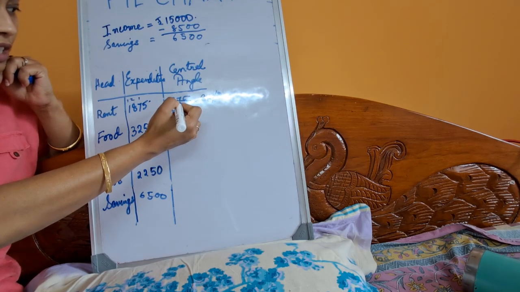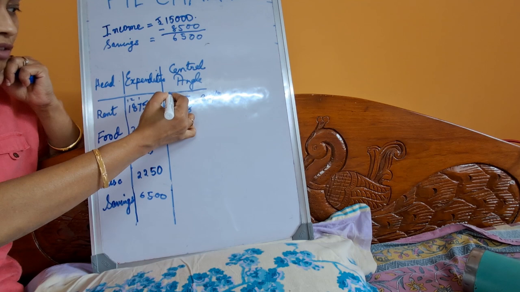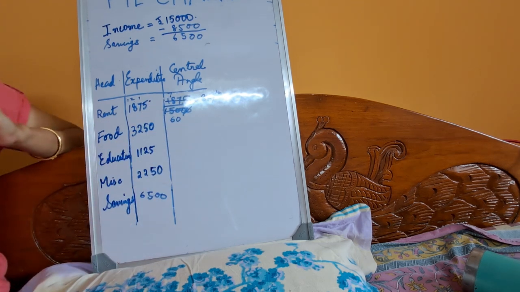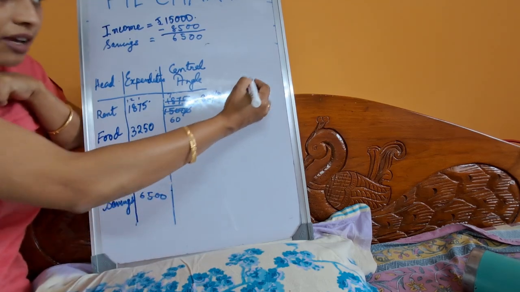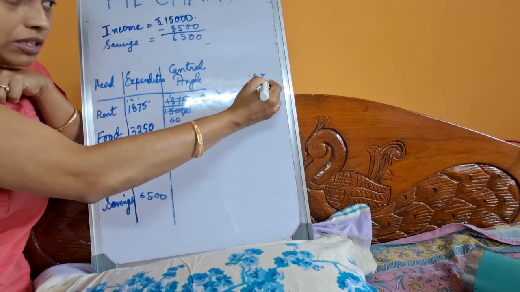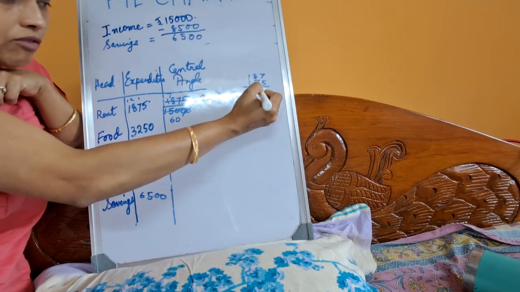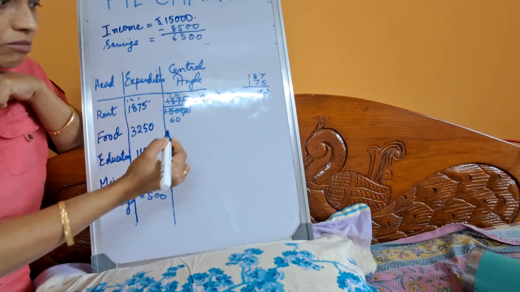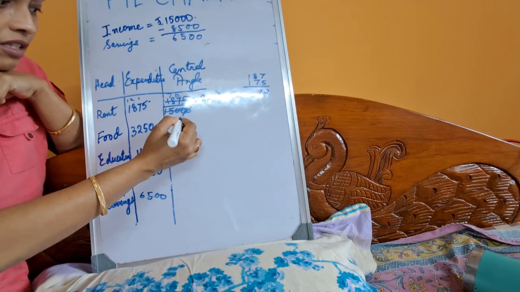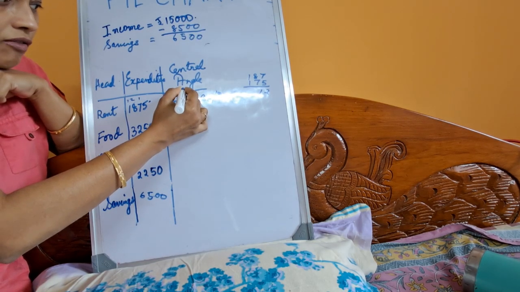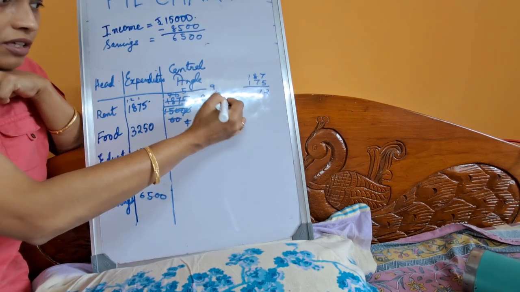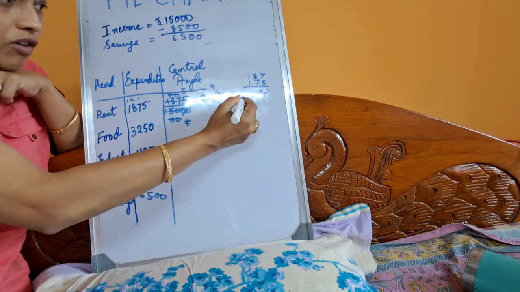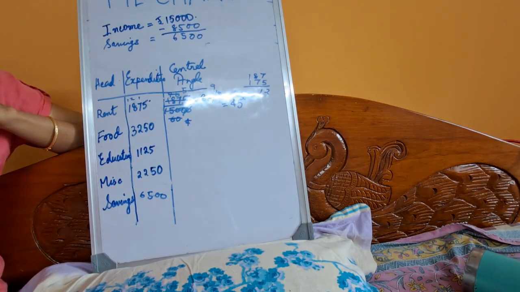In 1875, 25 will go 75 times. 75 and 60 both are divisible by 15, 5 times and 4 times. 4 and 36, 9 times, so it is 45 degree. So the first angle is 45 degree.